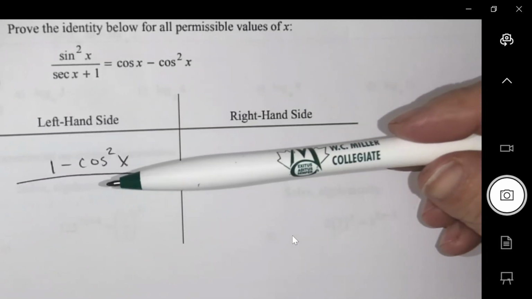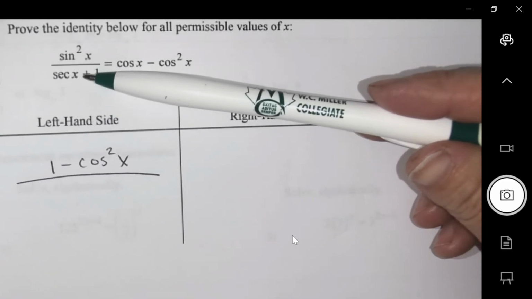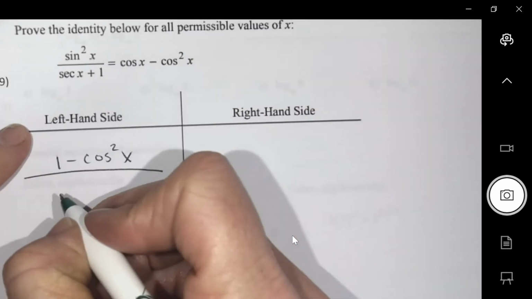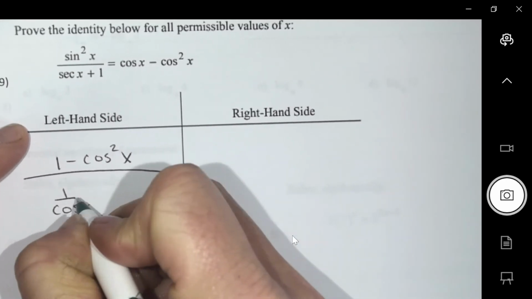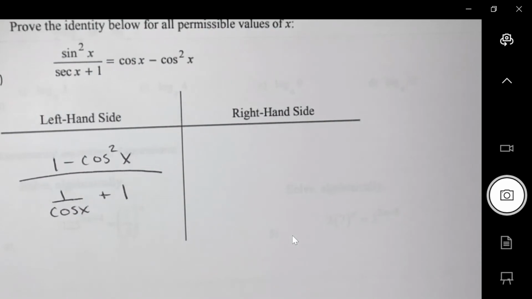Okay, secant. What can you replace secant with? 1 over cos. Secant is the reciprocal of cos.